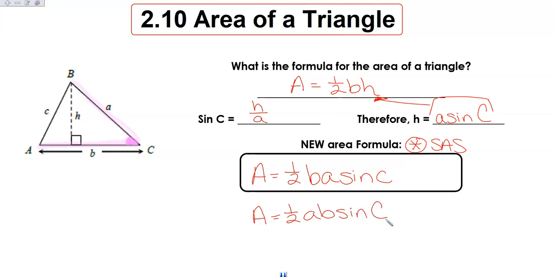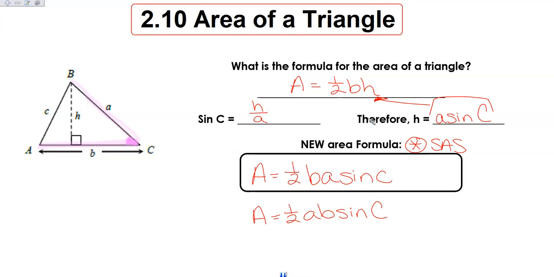But what I want you to see is that this A sine C is just the height. It is still area of a triangle just like we've always done, except now we're using trig to find the height because the triangle we're looking at is not a right triangle.